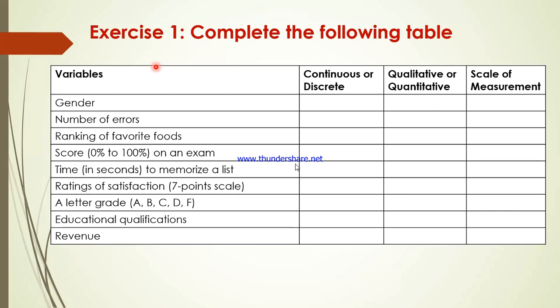Then for scale of measurement, you look at the measures and at the properties: meaningful comparison, meaningful difference, meaningful ratio or true zero. Based on these properties, you can classify whether it's nominal, ordinal, interval, or ratio, right?